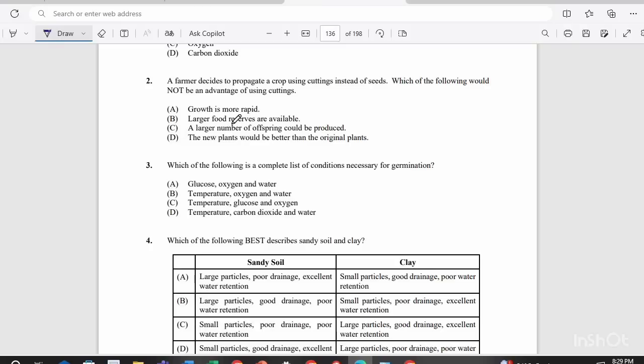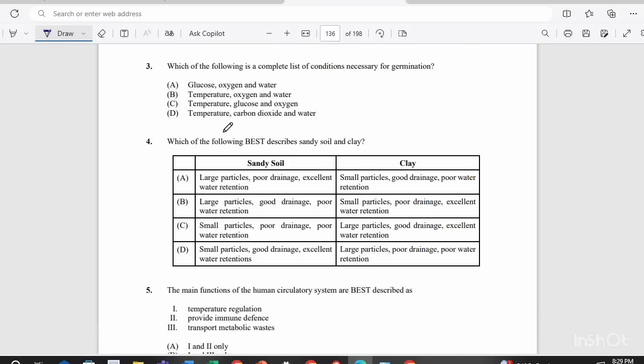Which of the following would not be an advantage of using cuttings? Is it A, growth is more rapid, B, larger food reserves are available, C, a larger number of offsprings could be produced, or D, the new plants would be better than the original plants? The answer there is D, the new plants would be better than the original plants.